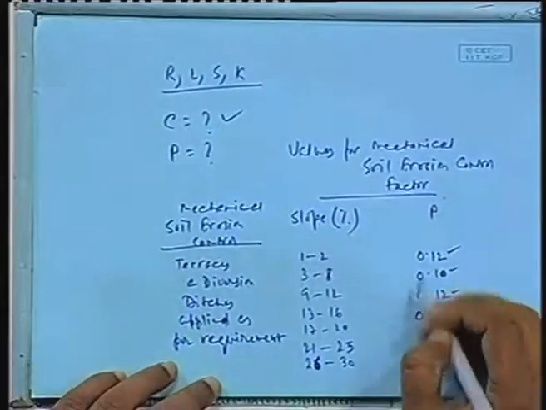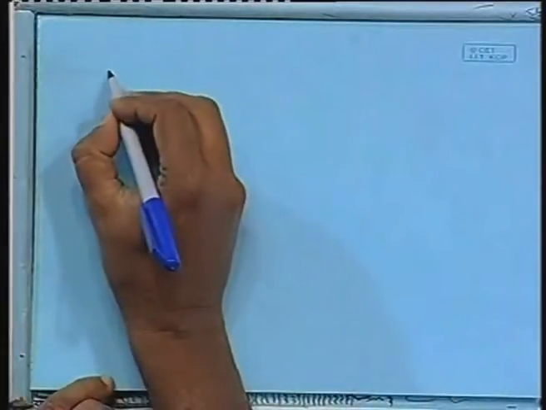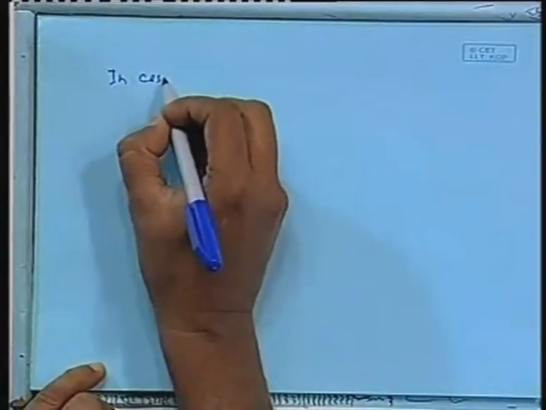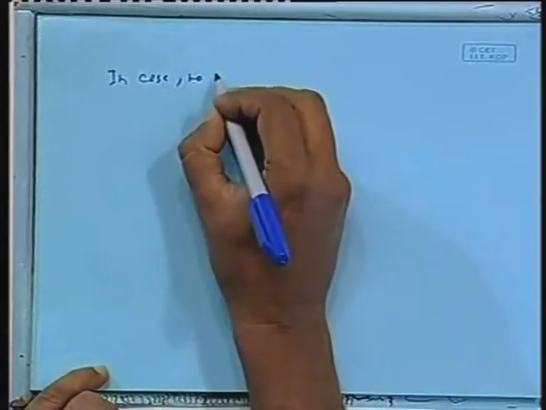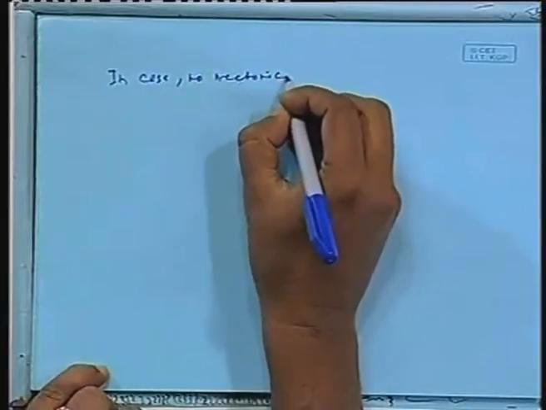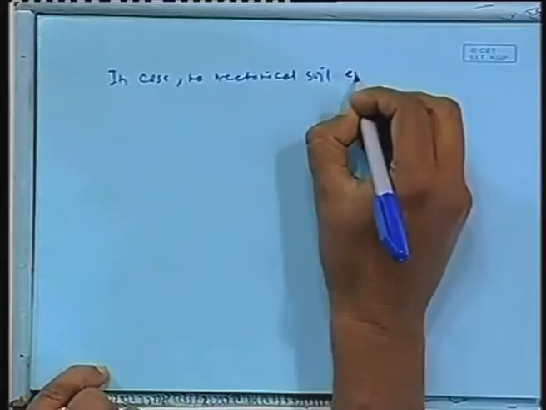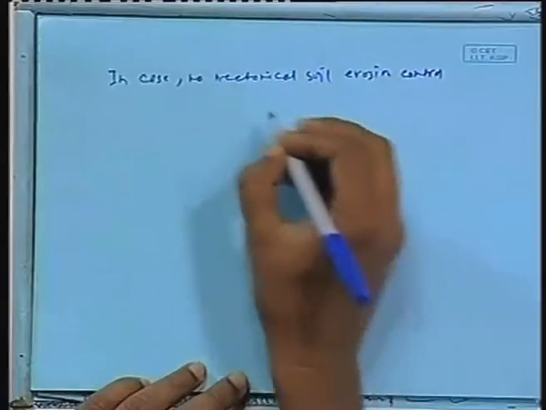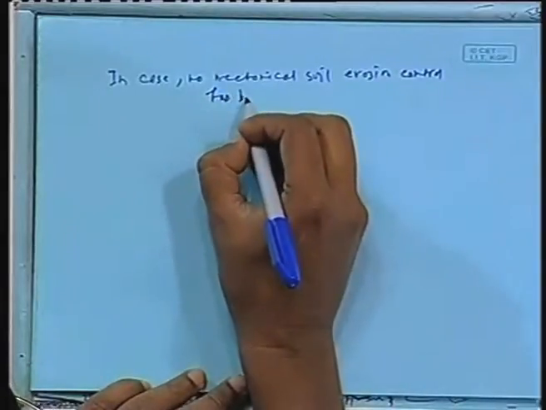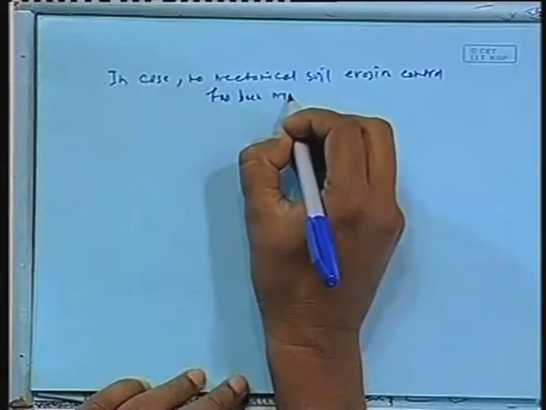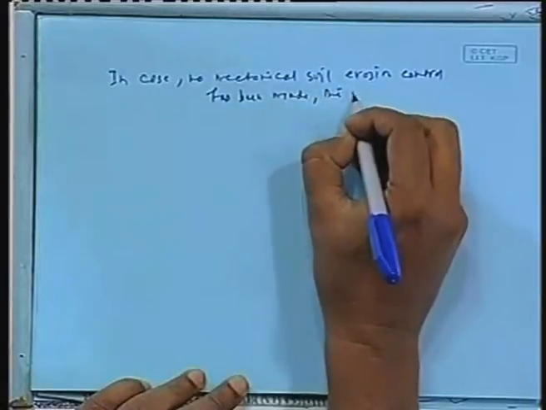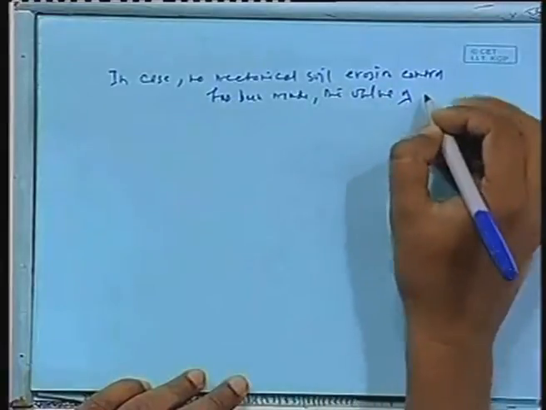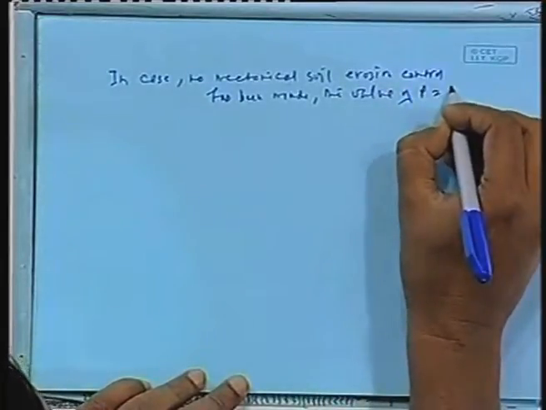In case no mechanical soil erosion control has been made, the value of P is equal to 1.